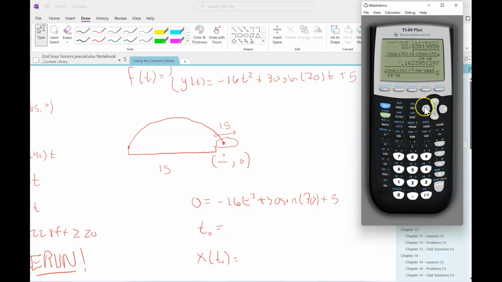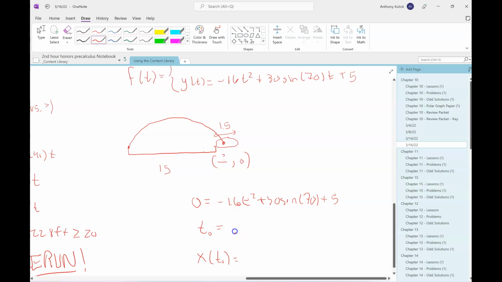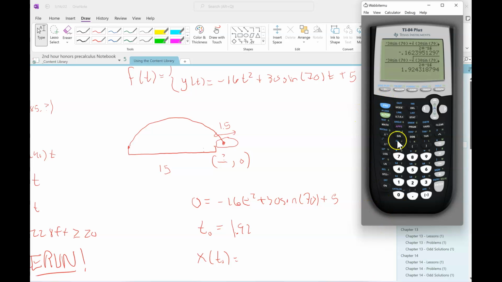All right. Let's zip it a little bit here as we're nearing the end here. So we're able to find, using the quadratic formula, that it takes 1.92 seconds in the air for that dart to land. So then we're just going to do 30 times cosine of 70 times that answer.